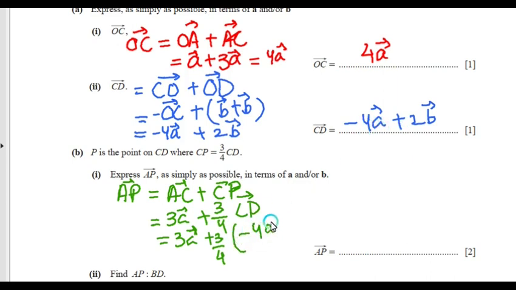The first one is AC and the second one is CP, right? Okay. So we can write AP is equal to AC plus CP.